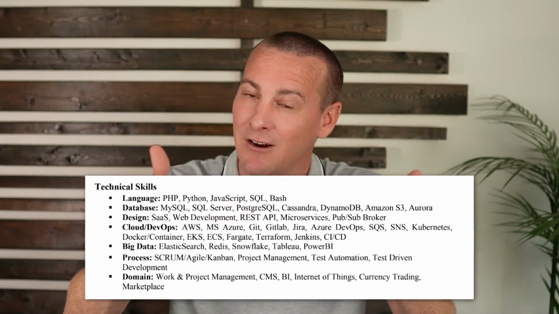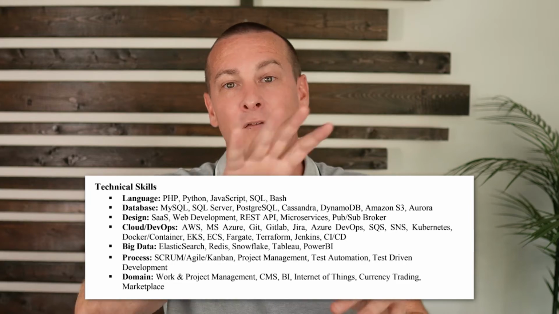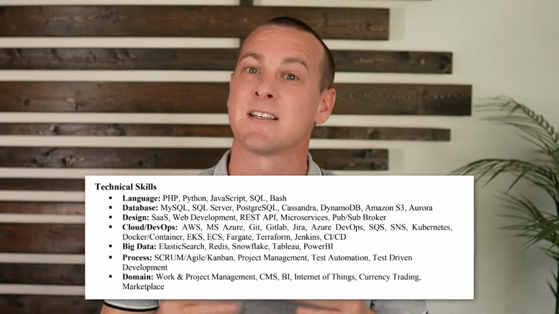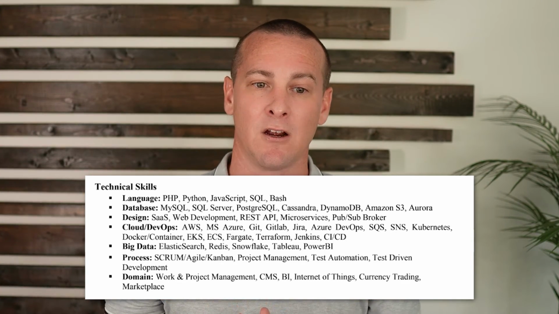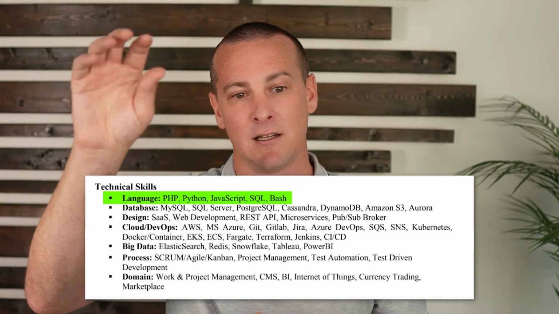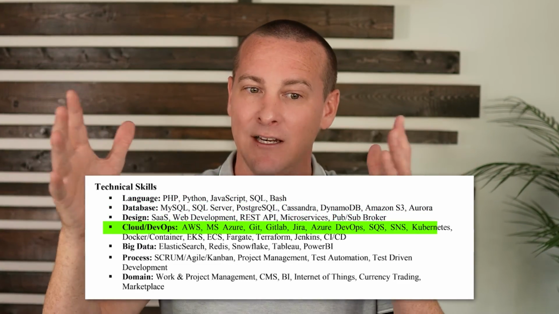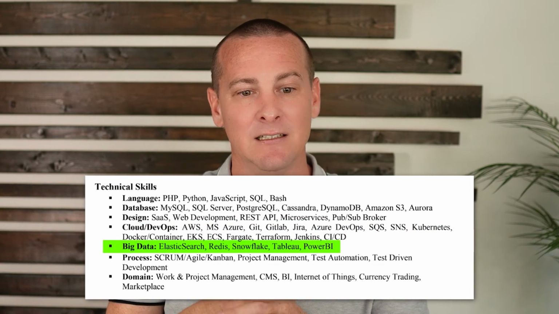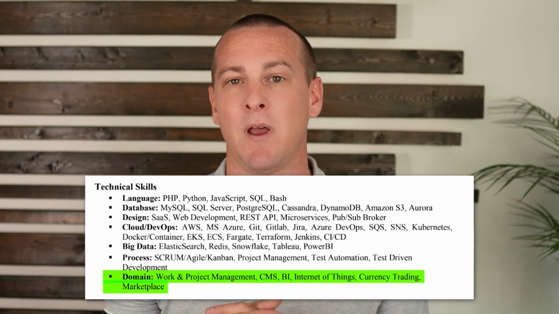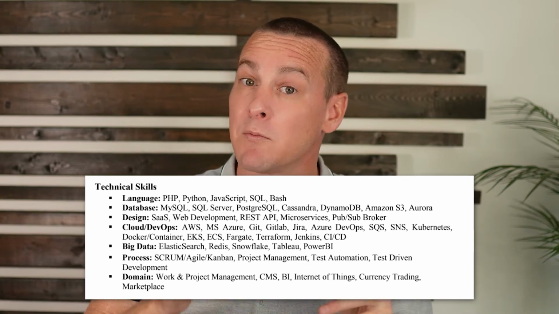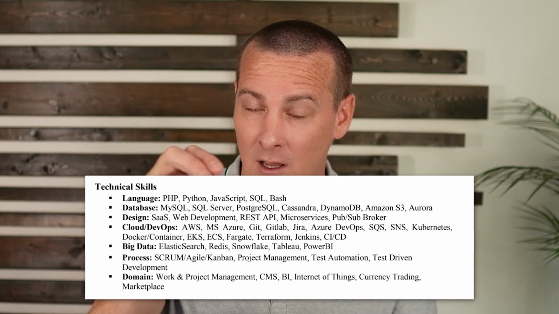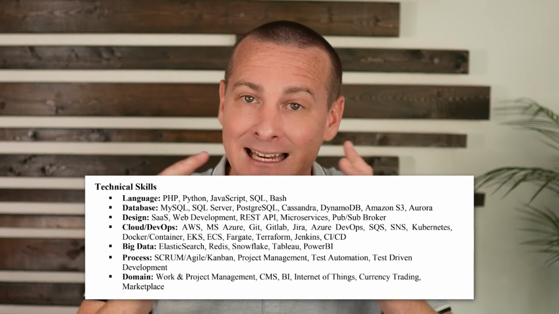So on your screen here, I want to show you an example of an effective technical skills section. And you can see here, you've got the languages listed, you've got the databases listed, design, cloud and DevOps, big data, process, and domain. Some of your categories might differ slightly, but you've got those core key technologies that recruiters are going to be looking for and that those organizations are absolutely at the critical point.